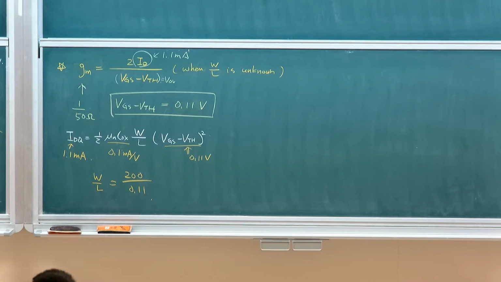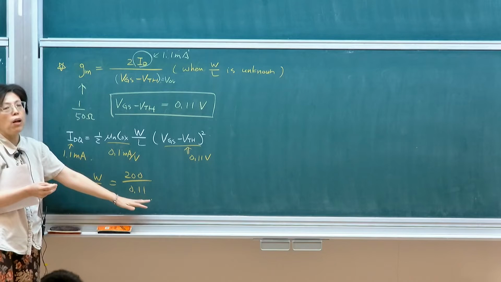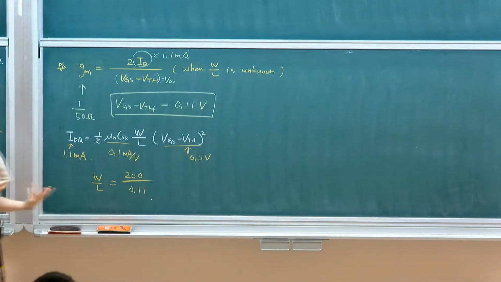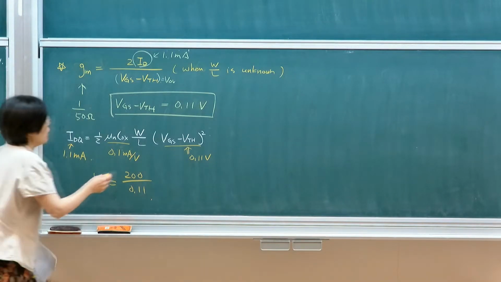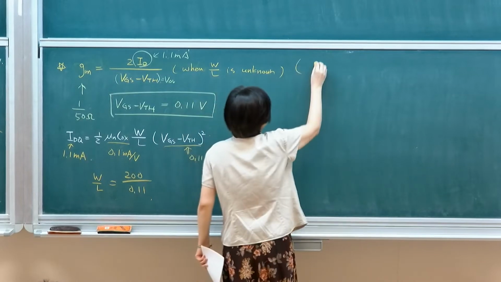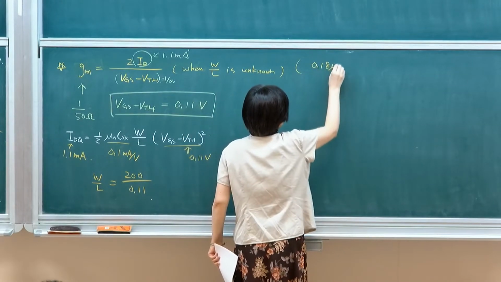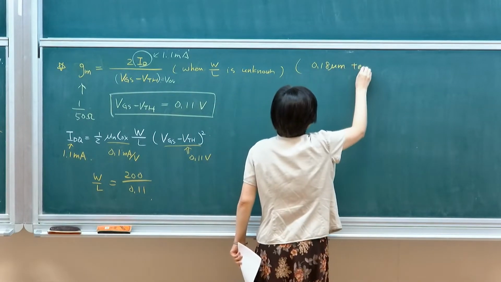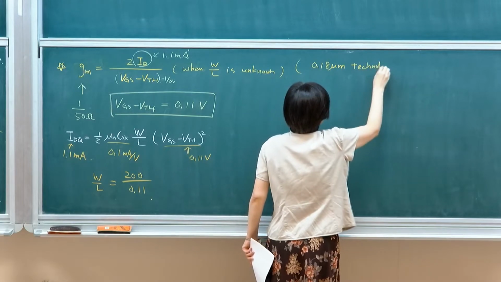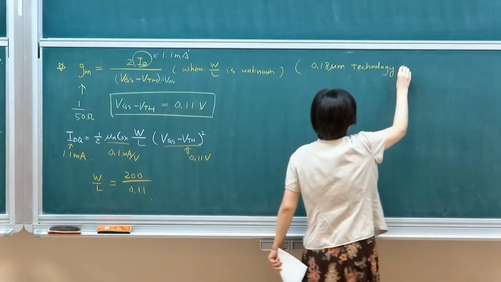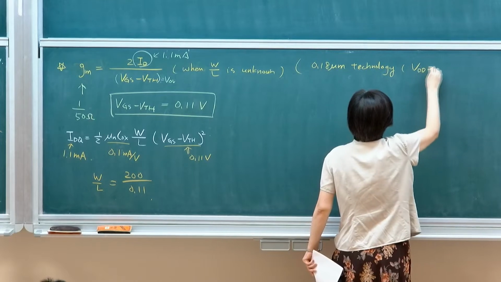And this is typically not a good number because, I didn't actually define it, but based on the VDD, it's supposed to be a 0.18 micron technology, meaning that the smallest length you can draw is 0.18. So let's say this is 0.18 micron technology, just based on VDD at 1.8.